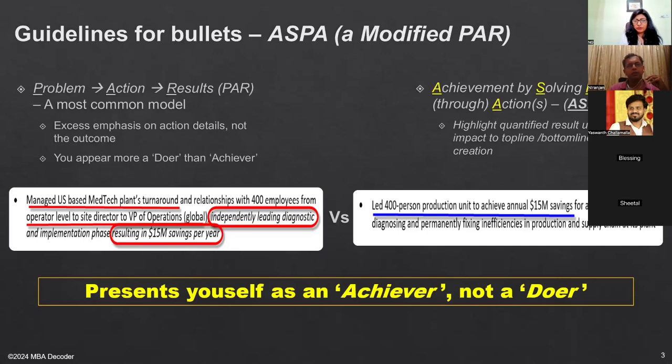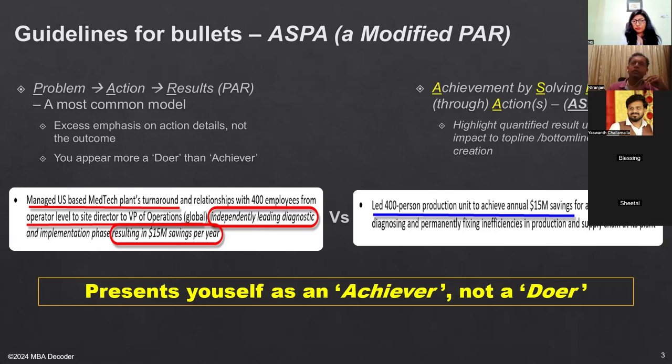Typically what you hear is did something, so designed something and delivered something for an XYZ client by doing this, analyzing so much data, resulting in some X% cost saving or resulting in some revenue upside. So just flip that order. Instead of starting with all your actions, you start with results.